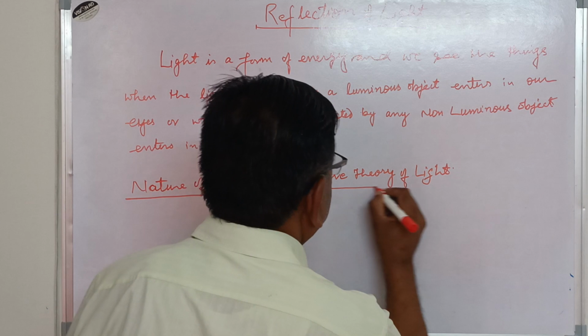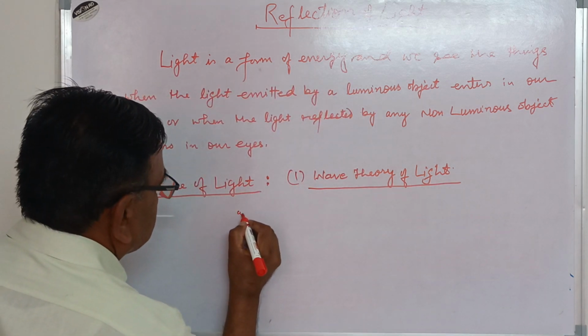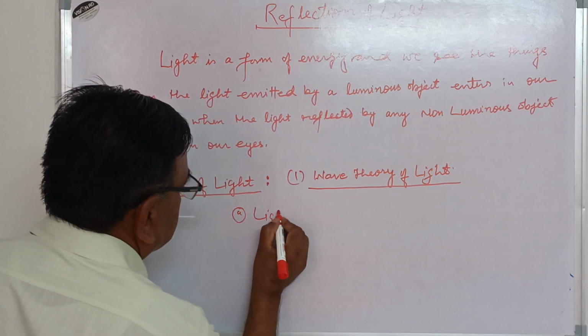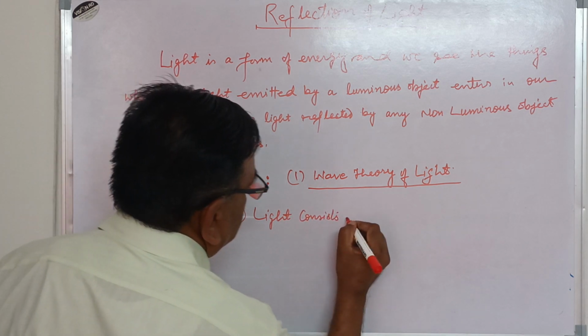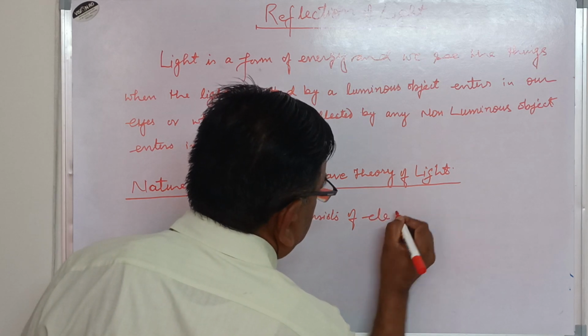The wave theory says light consists of electromagnetic waves.